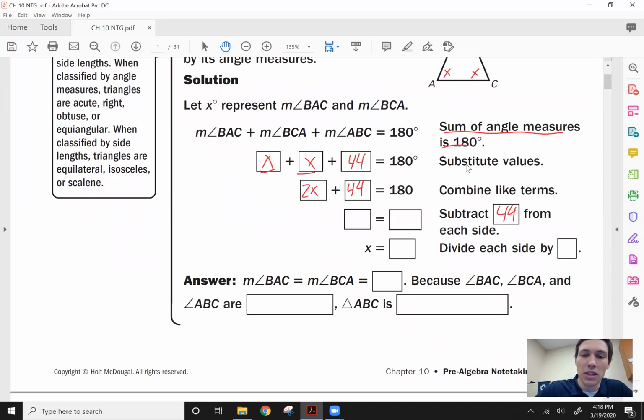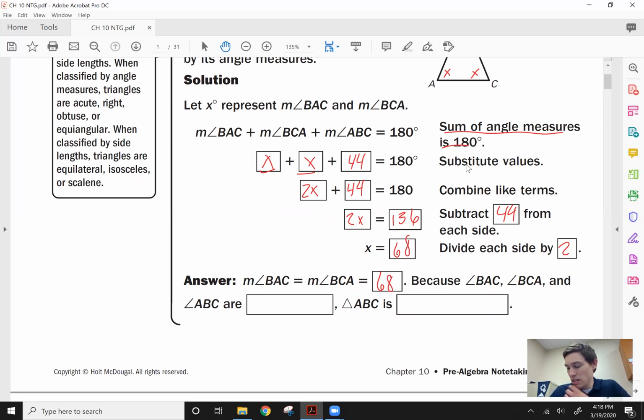So that gets me 2x equals 136, which then x is being multiplied by 2. The opposite of multiply by 2 is dividing by 2. So divide by 2, so x equals 68. So these two angles equal 68.